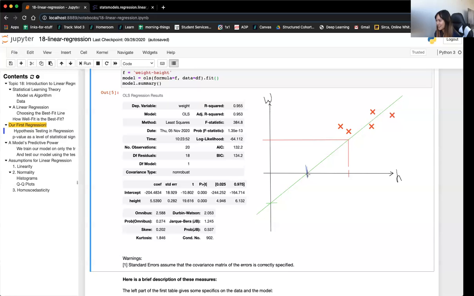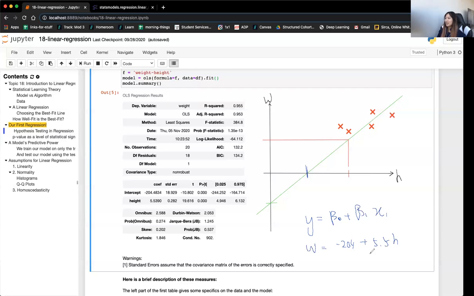I know the intercept term is a little bit abstract to think about, but that's how the formula works, especially when we talked about the formula of a linear regression having this form of y equals beta 0 plus beta 1 x1. We can basically come up with any weight value by taking beta 0, being the intercept, minus 204, plus 5.5 multiplied by height.